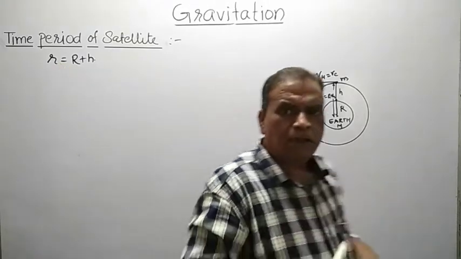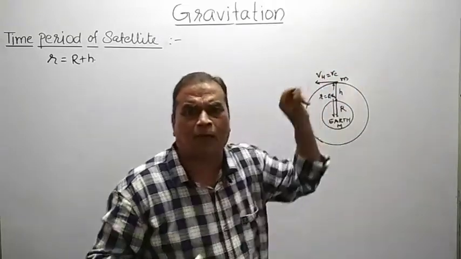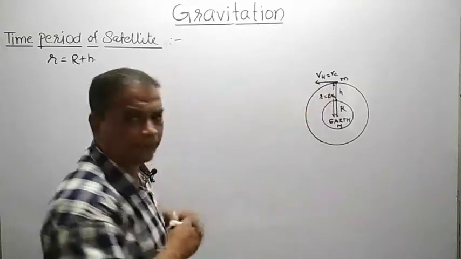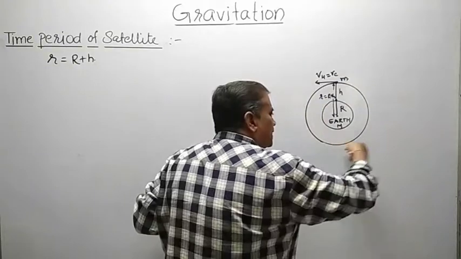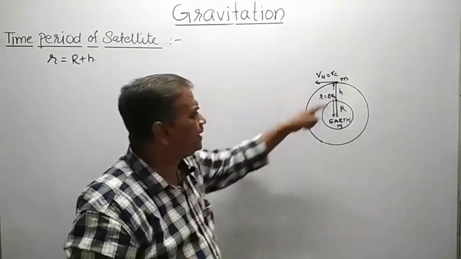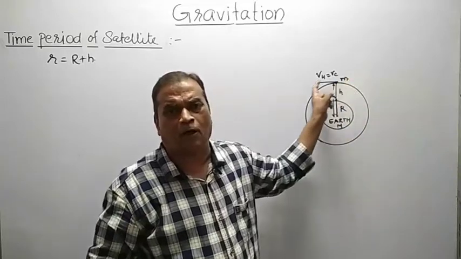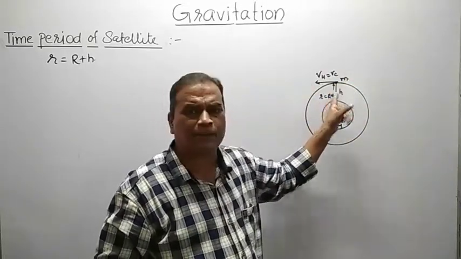See here, the time taken by a satellite to complete one revolution around the Earth is called its periodic time, or its time period. Now in one revolution, what is the distance traced by a satellite? The satellite traces a distance equal to the circumference of a circular orbit of radius r equals R plus h.